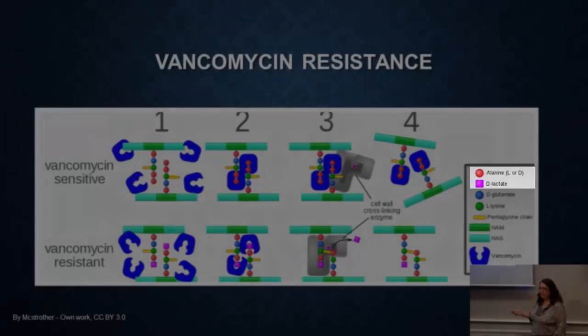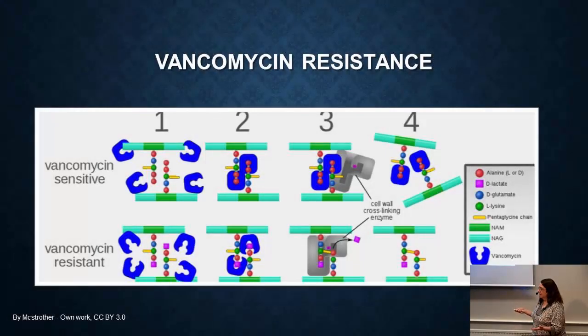So they have evolved a new enzyme that puts lactate in there instead of the alanine. The cross-linking enzyme can still work. That's fine. But vancomycin can't bind. Okay, so that's another mechanism. You change the target that the antibiotic binds to. And that's seen in lots of different ways, or different antibiotics.